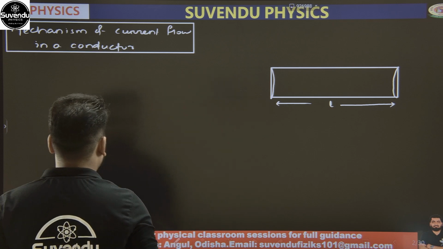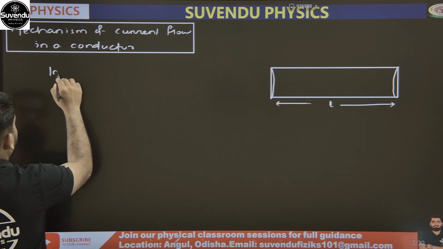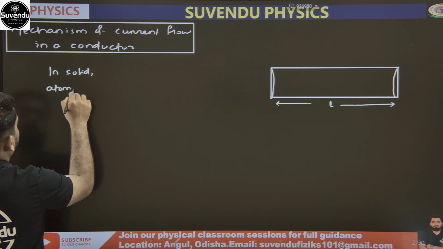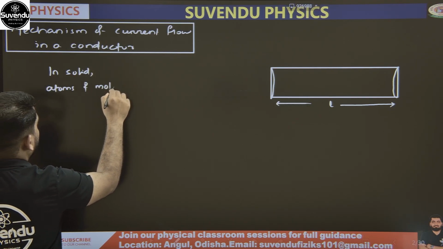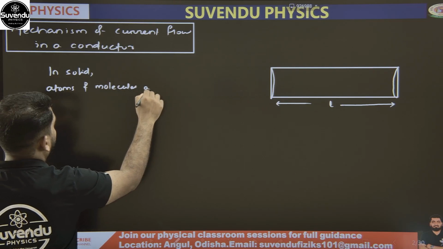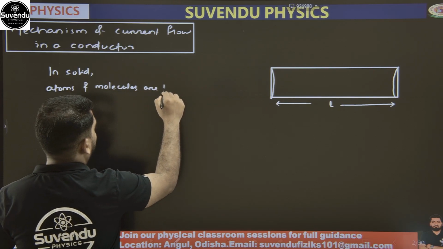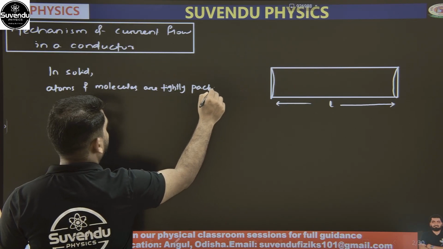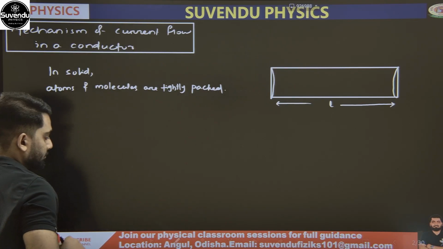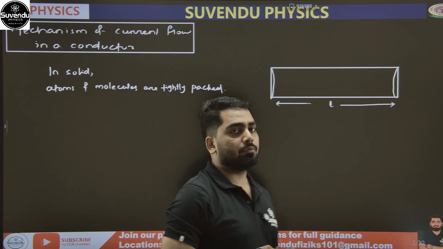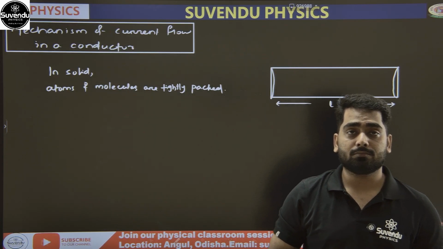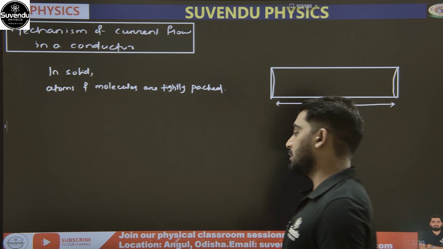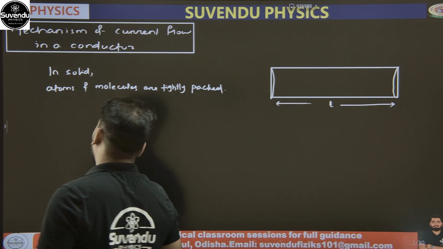We know this thing. Second thing, the outermost orbit electron of an atom is stated as a free electron, and that is free to move within the volume of the conductor.